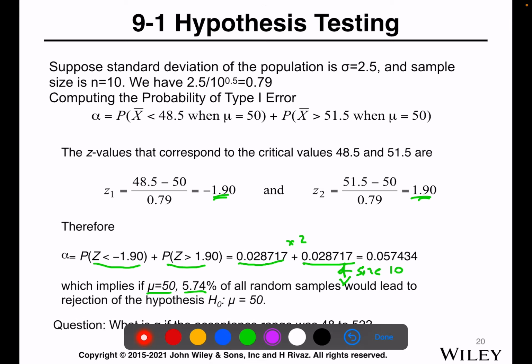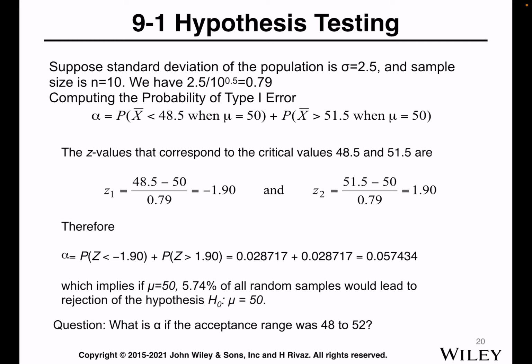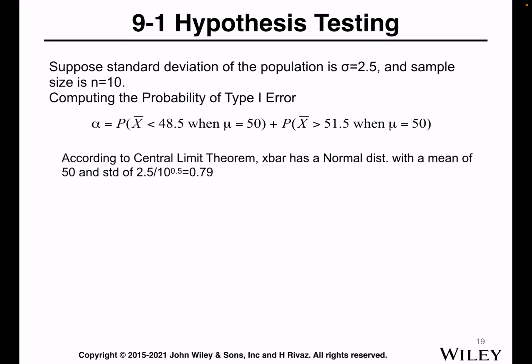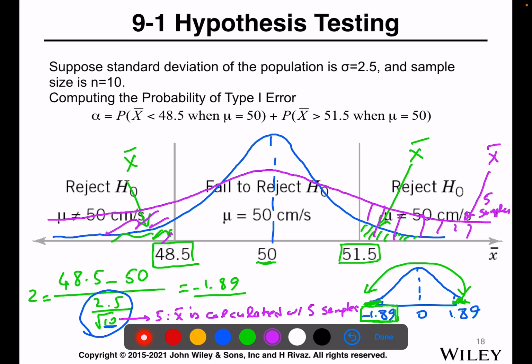Okay, so the next part asks, what if the acceptance range was changed from 48.5 to 51.5, to 48 to 52, right? In the previous slide, we investigated what would happen if I have 5 samples instead of 10 samples.